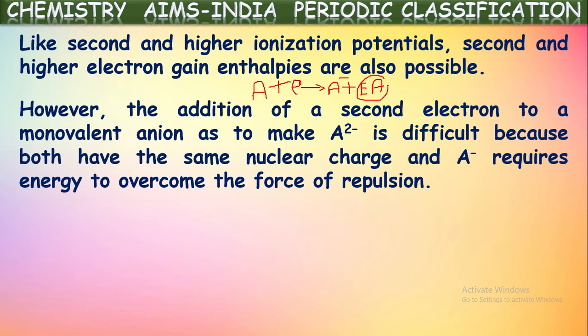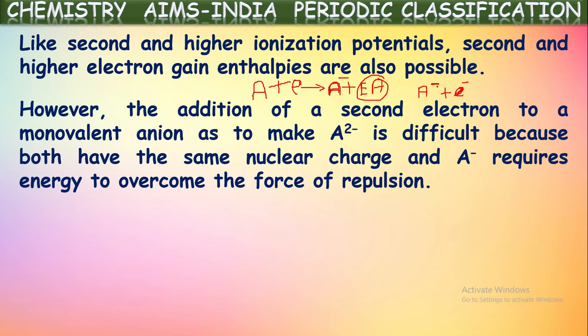Energy is released. Now this element has become a negative anion. Already there is one extra electron. If we add one more electron to this negative anion, then what happens? There are more repulsions between the already existing electrons and this new additional electron, because already there is one extra electron. Nuclear charge is less, the number of electrons is more in this case, and we are giving one more electron in addition to that.